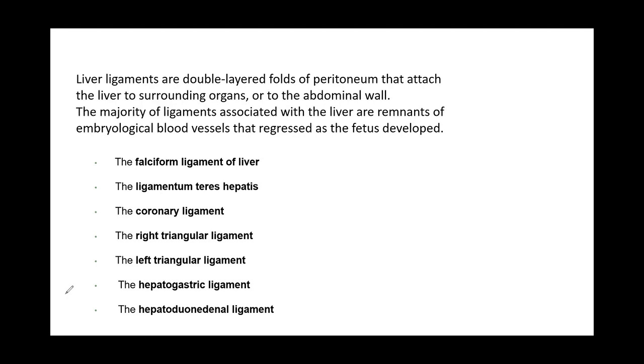The left triangular ligament, hepatogastric ligament, we've talked about it. Hepatoduodenal ligament that contains those three structures we mentioned. I know there is nothing new to you, but there are some certain points you don't know about these ligaments, which we'll discuss shortly.